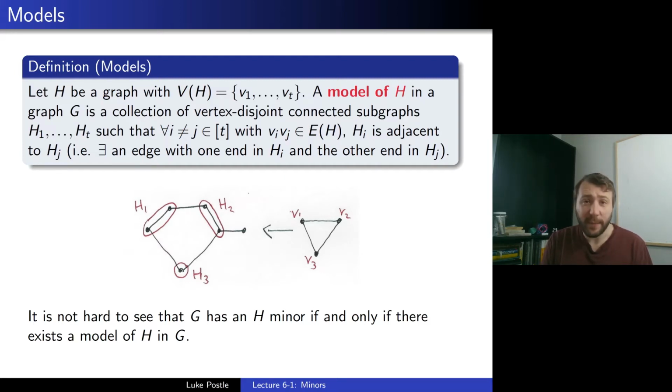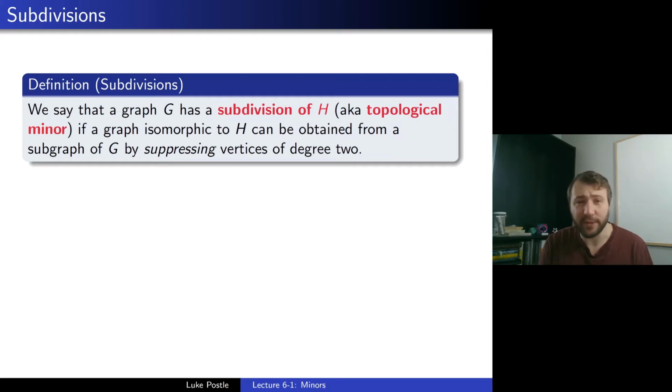So besides minors, though, you might also have been used to subdivisions, if we learned Kuratowski's theorem. So we say that a graph G has a subdivision of H, also known as a topological minor, if a graph isomorphic to H can be obtained from a subgraph of G by suppressing vertices of degree 2. And suppressing just means you unsubdivide them, you contract away an edge incident with it, whichever way you want to think about it.